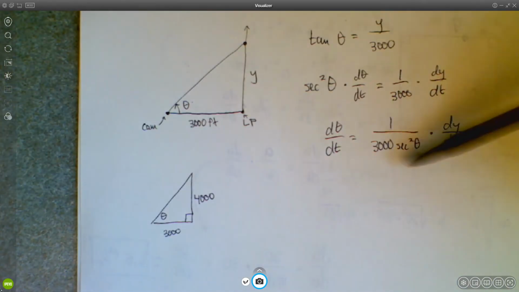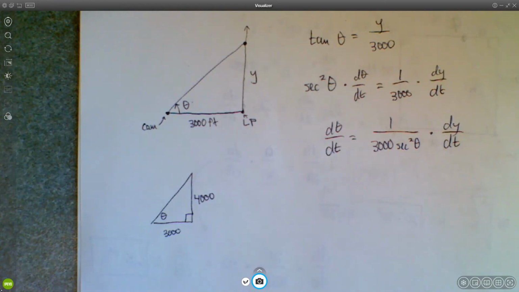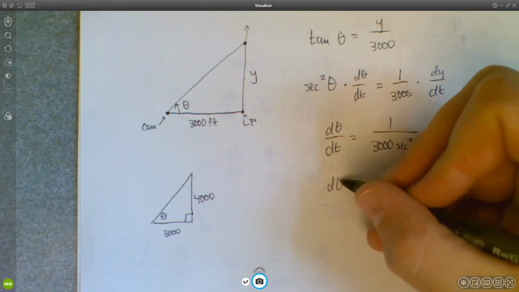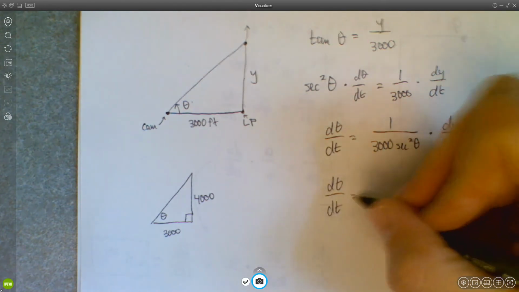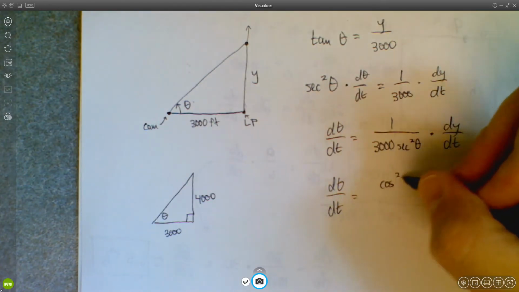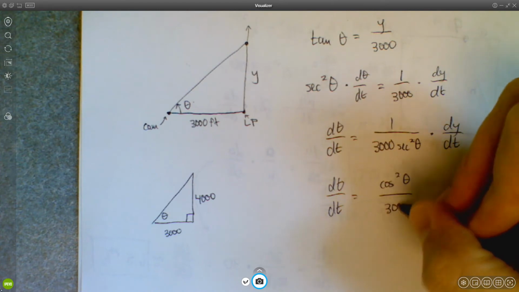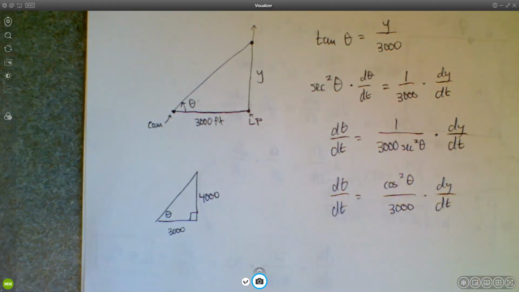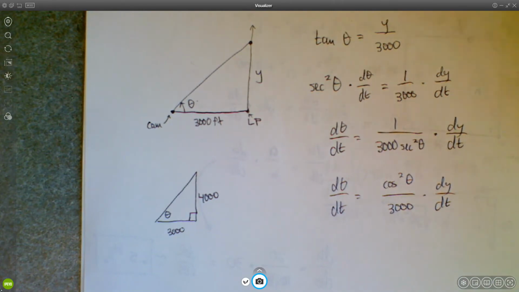What I really want is secant theta. Or better yet, 1 over secant is cosine, so maybe I can think of it like this: cosine squared theta over 3000 times dy dt. So really, I don't even care what theta is, I just want to know what cosine theta is.